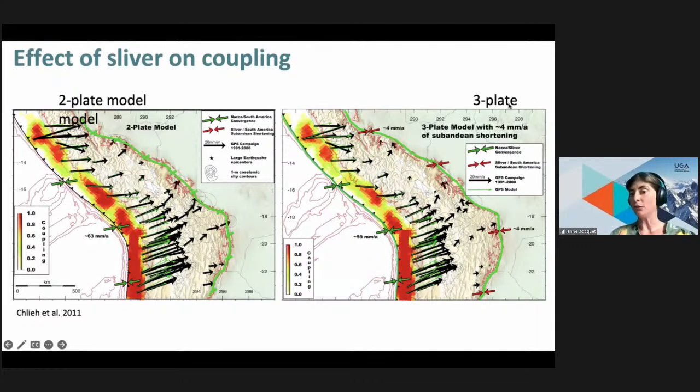When we take into account a three-plate model, this means that the movement of the sliver is accounted for, and some part of the convergence between the Nazca plate and South America is taken along the sub-Andean ranges. When this is taken into account, the interseismic coupling is slightly lower. So this has an impact on the amount of coupling, and also maybe on the seismic potential that we can expect. So it's quite important to have the right model.